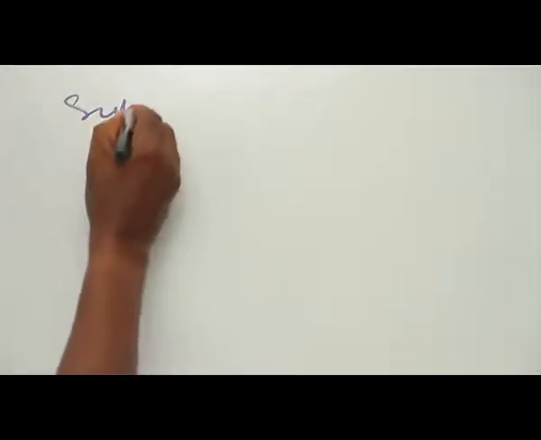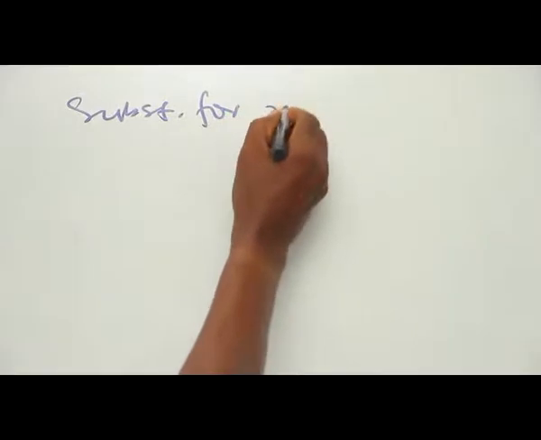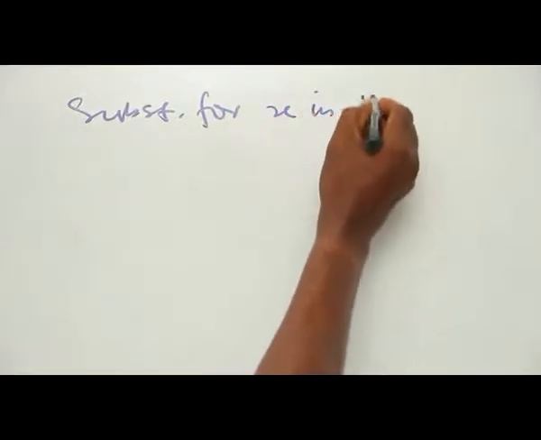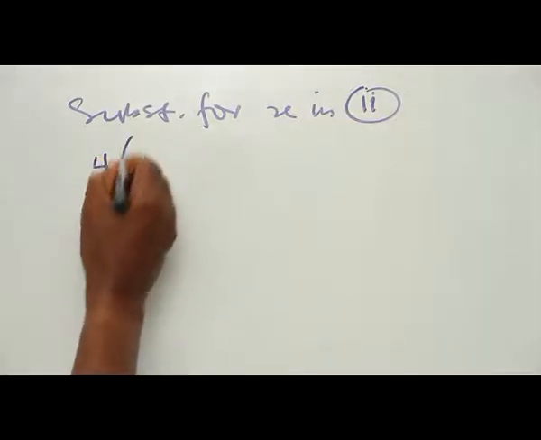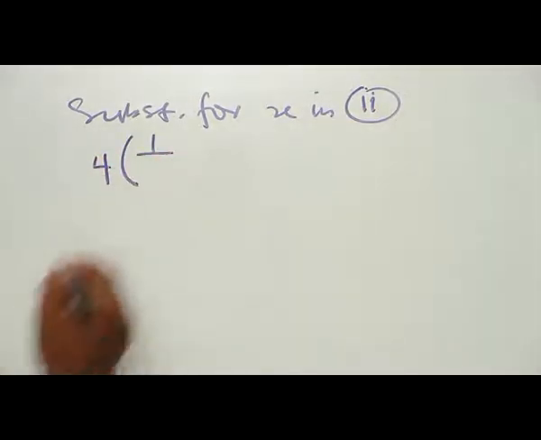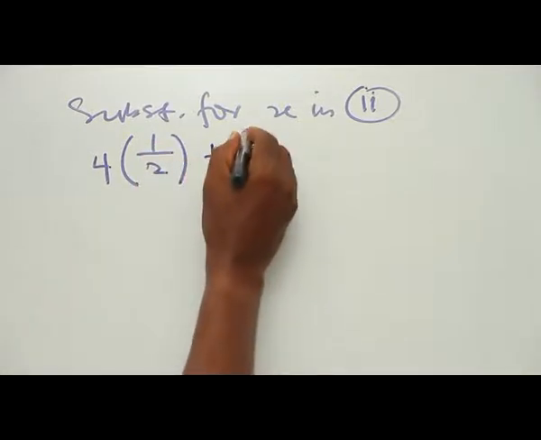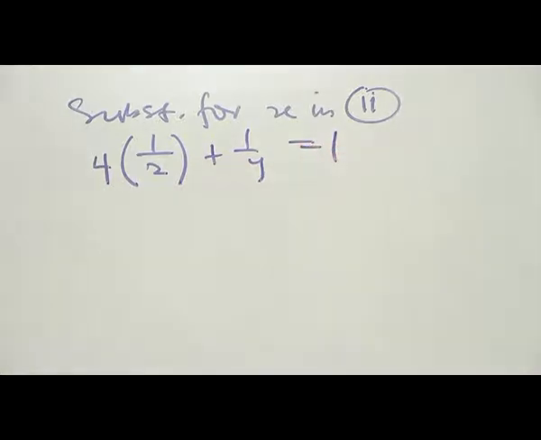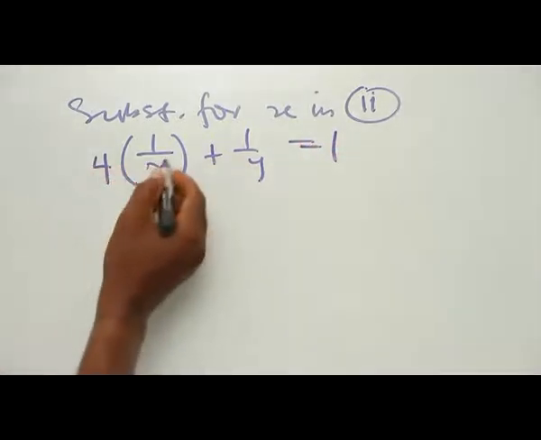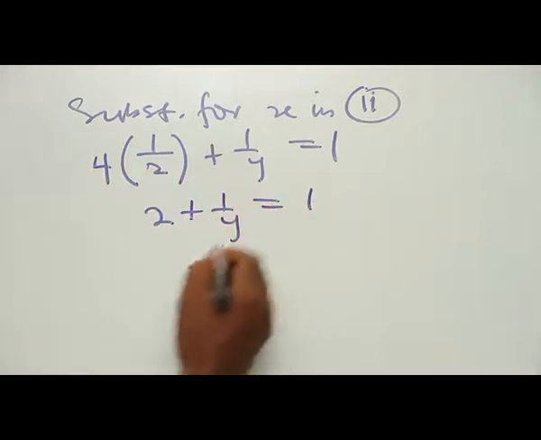We now substitute for s in equation 2. And in equation 2 you have 4 into 1 all over s, and then we also have plus 1 all over y is equal to 1. So if you multiply this, you have 2 plus 1 over y is equal to 1.